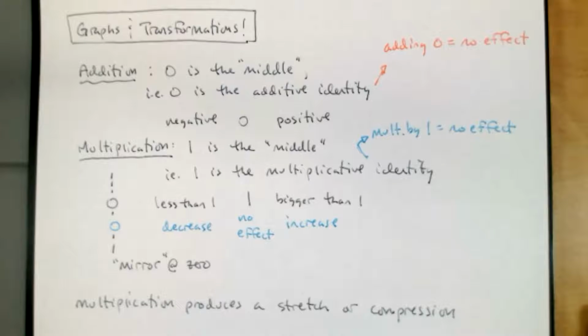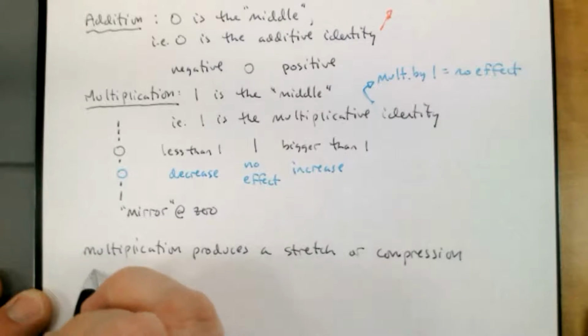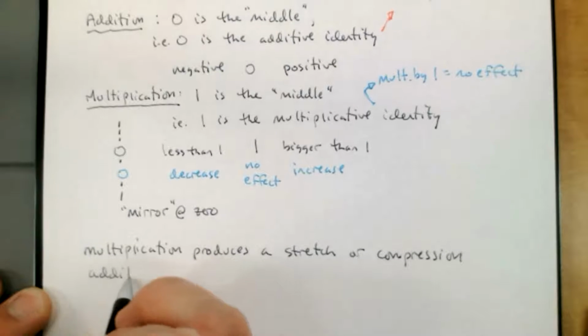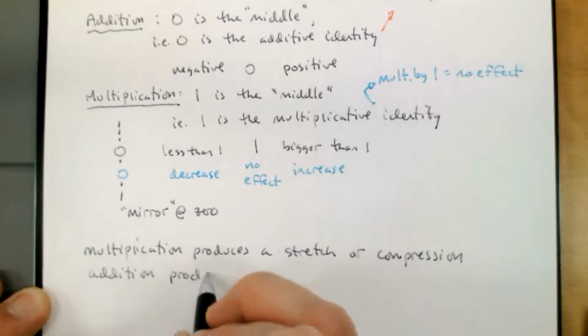Stretch or compression. What we didn't talk about was what addition does. Well, we mentioned it. That doesn't really count. Addition produces a shift. The graph keeps the same shape. It just moves around.